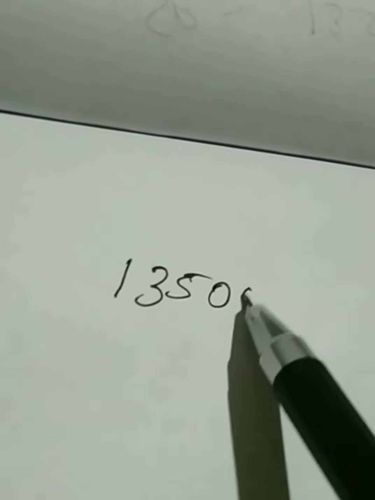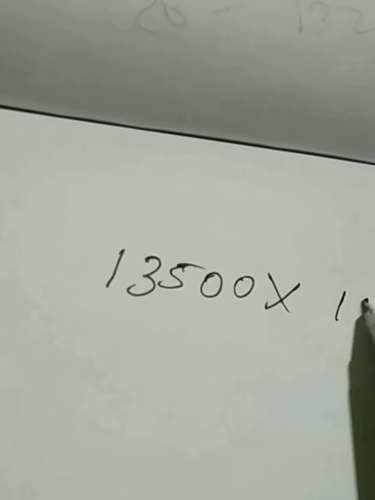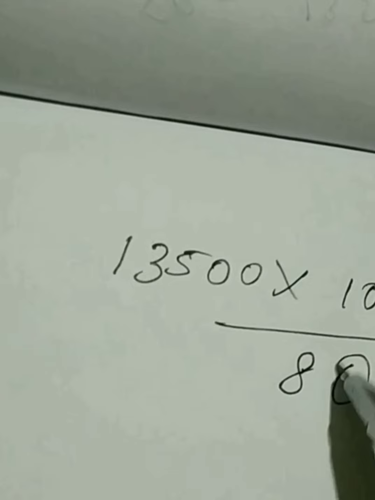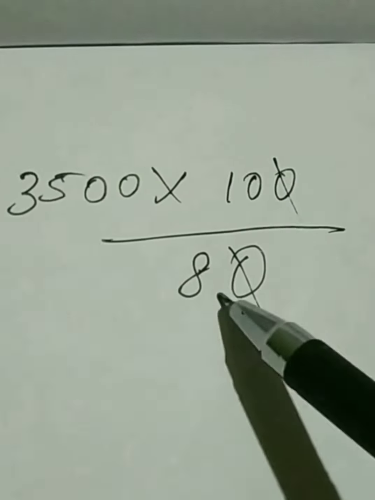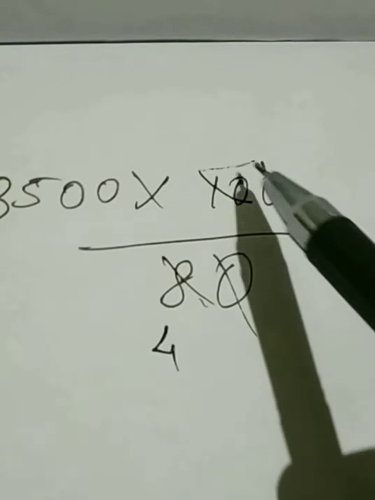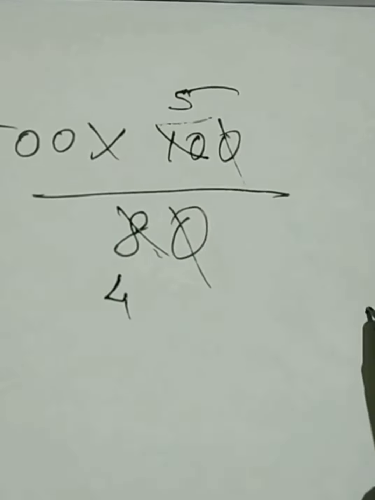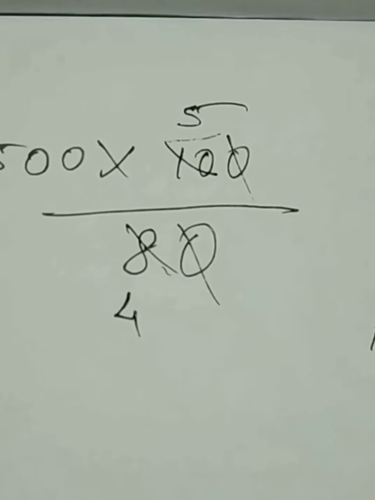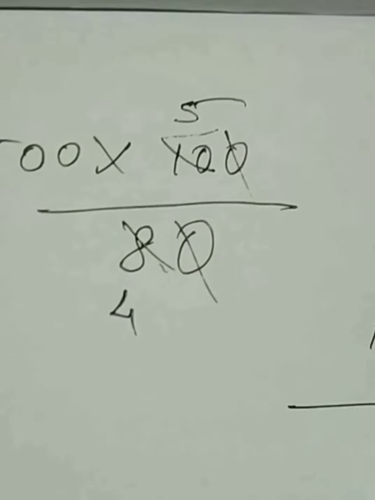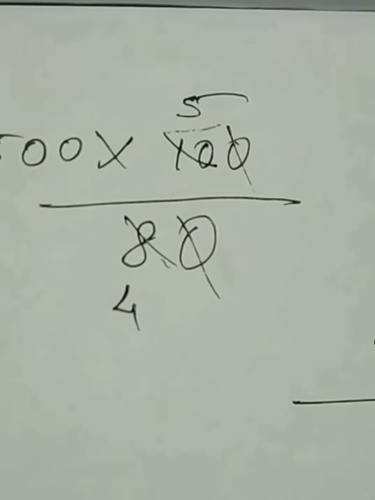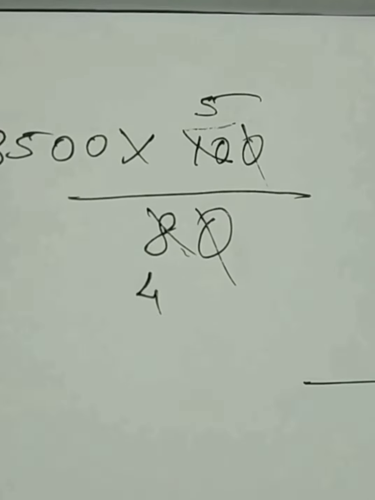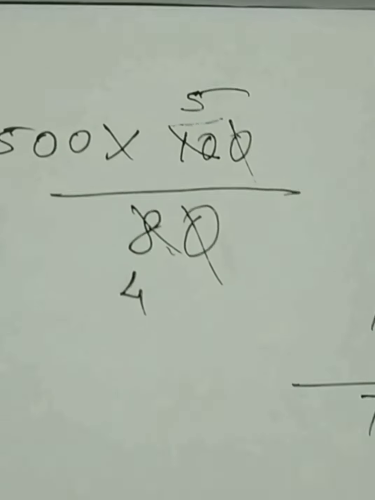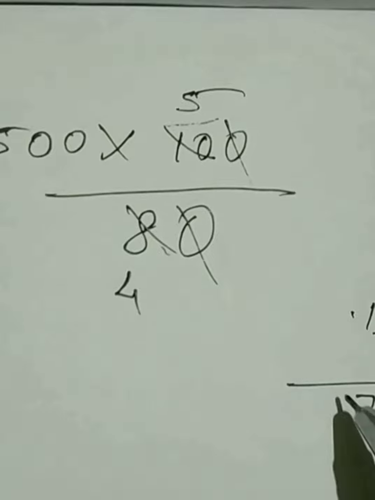So 13,500 times 100 on 8. We can cut this 0 and this 0. Then this is 4 and this will be 5. Then 13,500 times 5: 5 5s are 25, 2. Then 15 plus 2, that is 17. Then 1, 5 plus 1, 6.